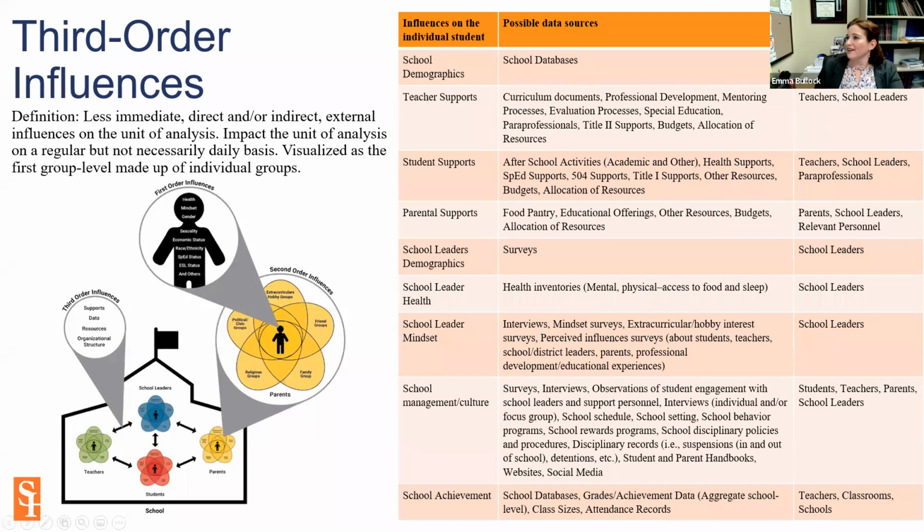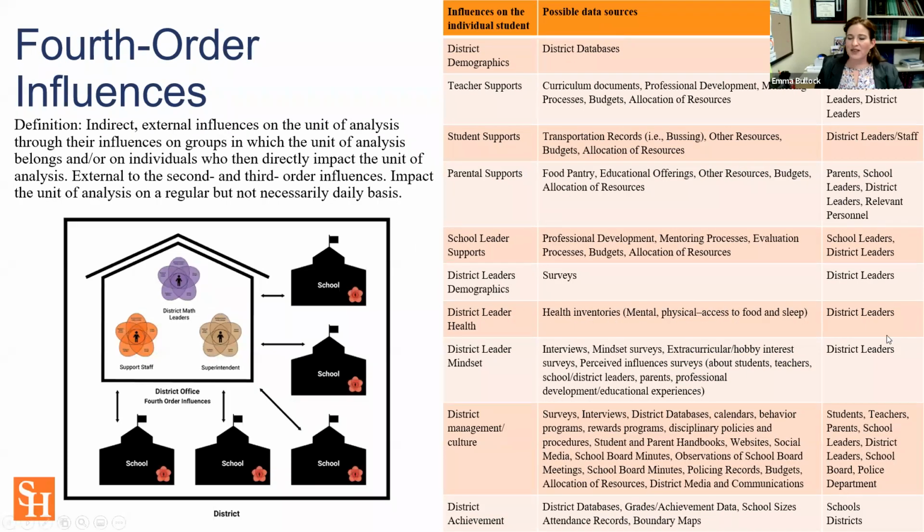All right, fourth order influences. And by the way, the number of ordered influences will depend on your context. There could be more or less depending on what your unit of analysis is, where you're starting, and what the context is that you're looking at. In our particular case, a fourth order influence would be an indirect external influence on the unit of analysis through their influences on groups to which the unit of analysis belongs.